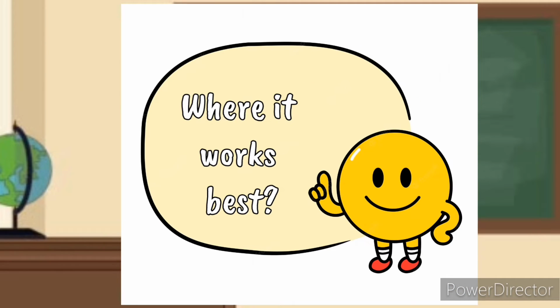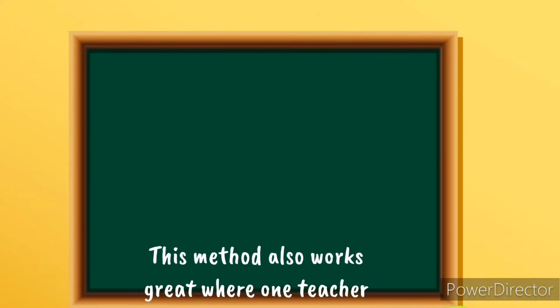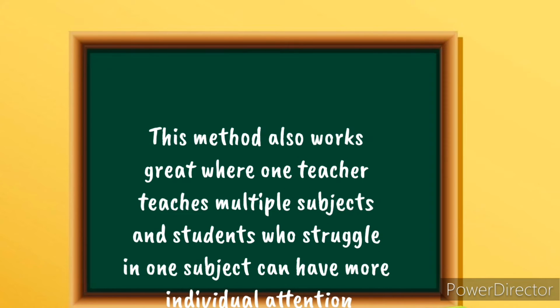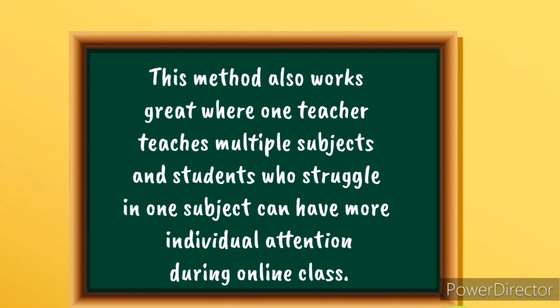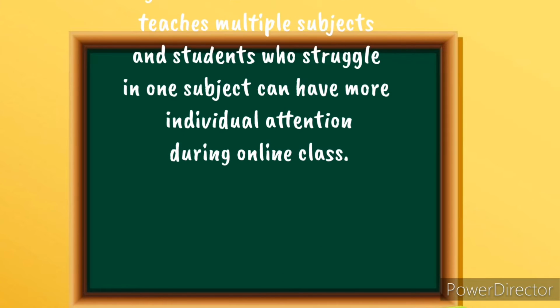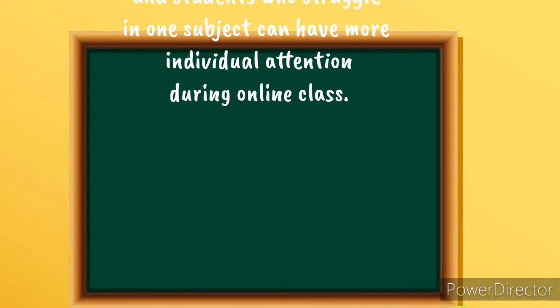Where does the rotation model work best? This method also works great where one teacher teaches multiple subjects and students who struggle in one subject can have more individual attention during the online class.